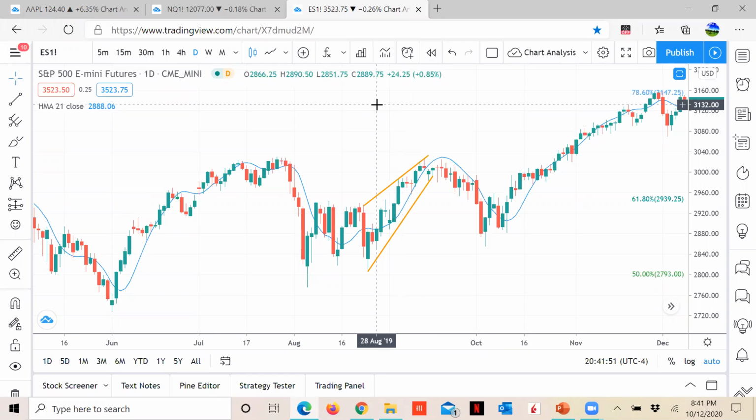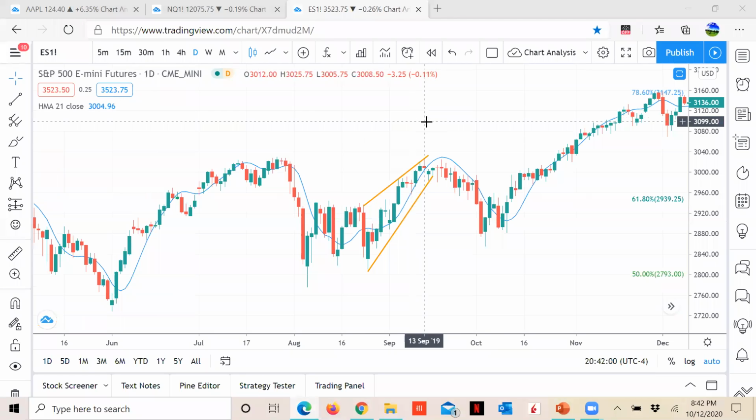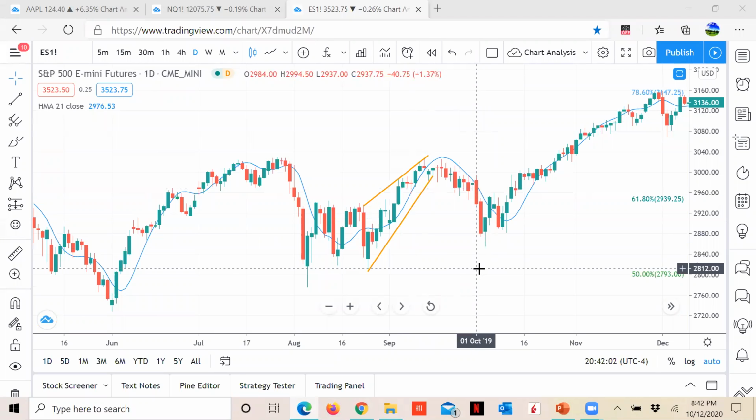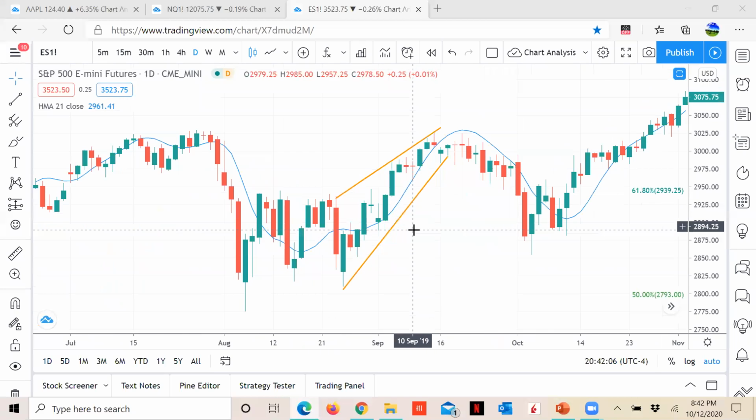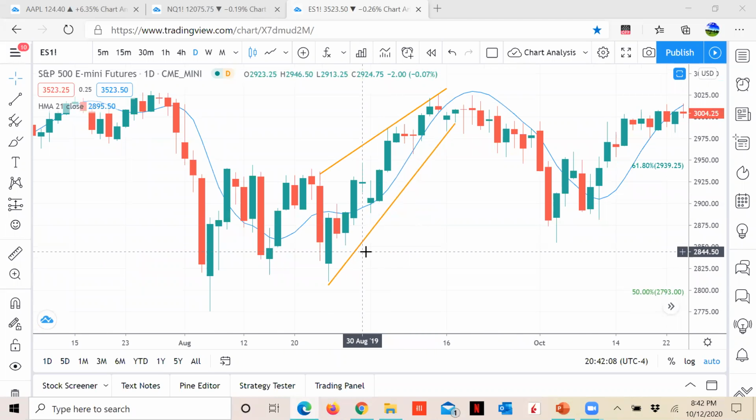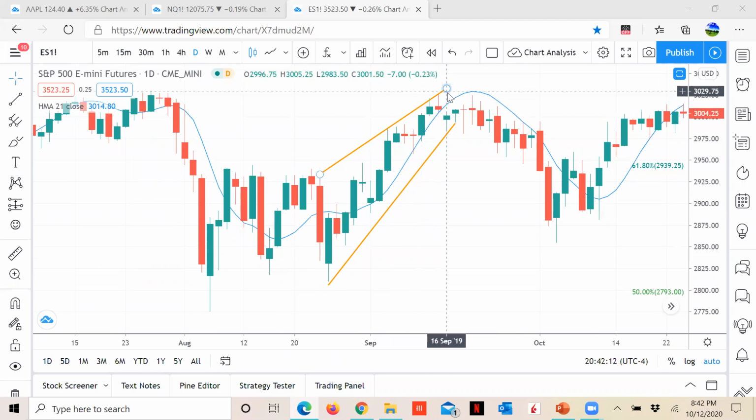On TradingView, I have the S&P 500 mini futures. What I did is basically just draw two trend lines, connecting the highs and connecting the lows.